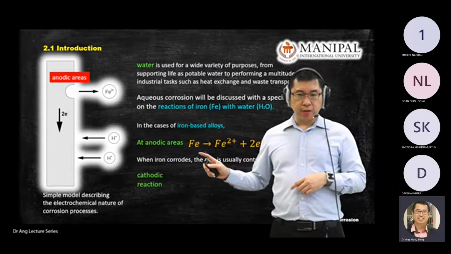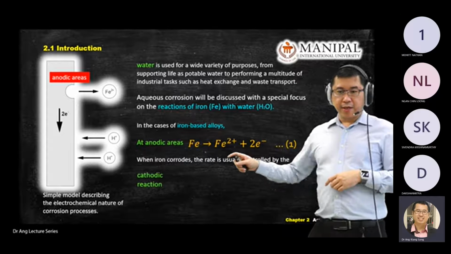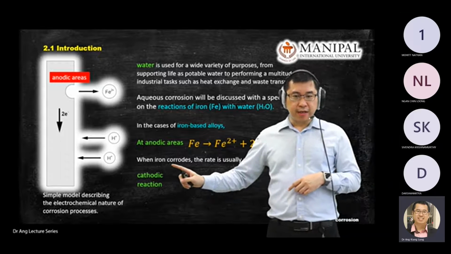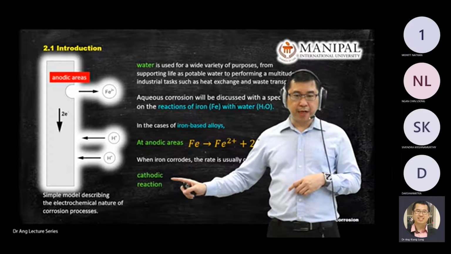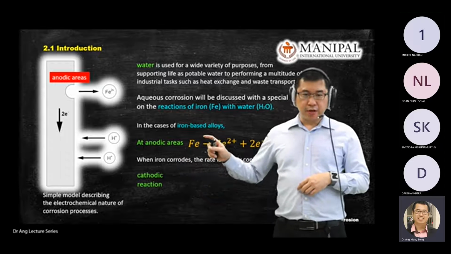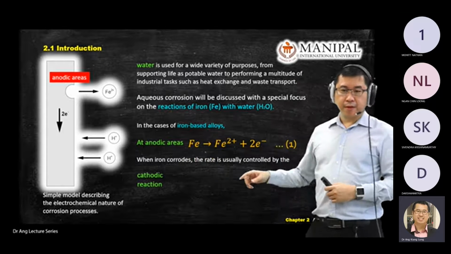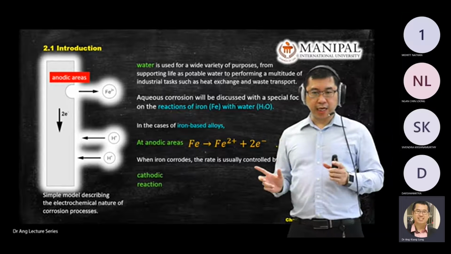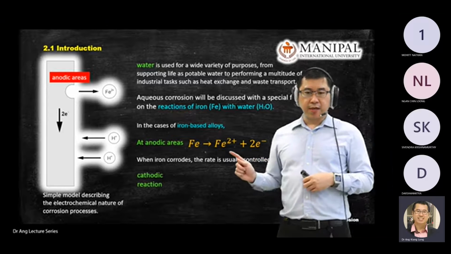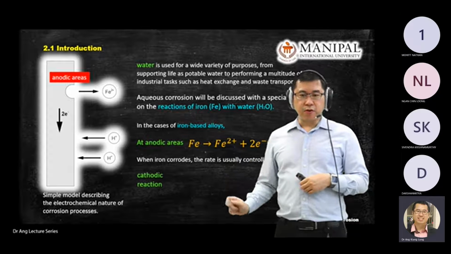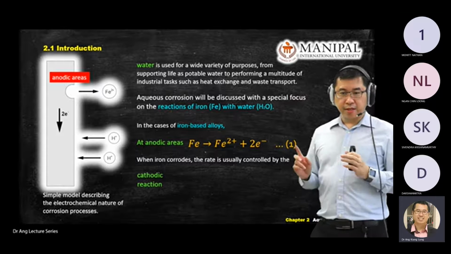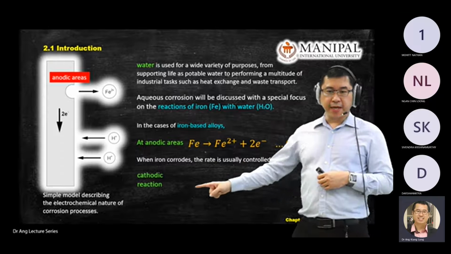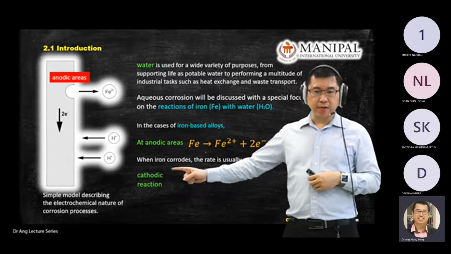So remember that the rate of corrosion is controlled by the cathodic reaction, or positive polar, and not the anodic area. So just have a clear understanding on the rate of corrosion. Where does it happen? The rate of corrosion is controlled by the cathodic polar or cathodic reaction.